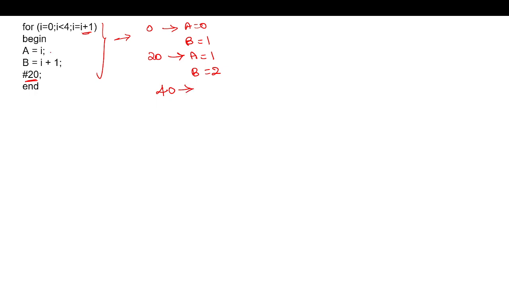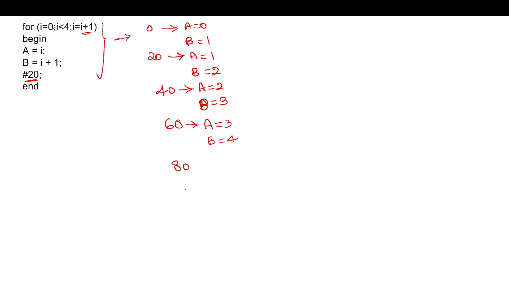And after this, again, it will enter the loop. So it will be A equal to 2, B equal to 3. It will be A equal to 3, B equal to 4. At 80, it will enter this, but I is now greater than 4.